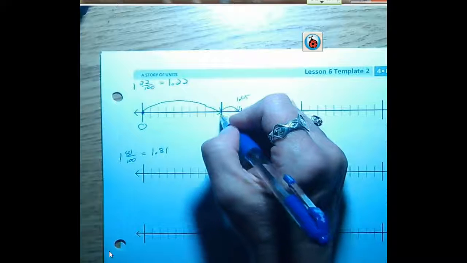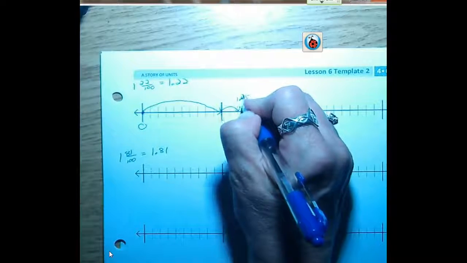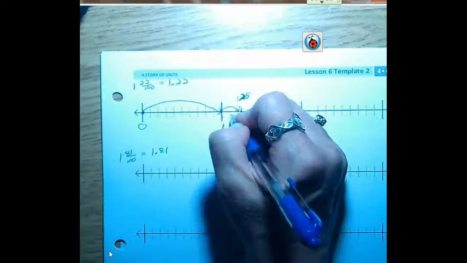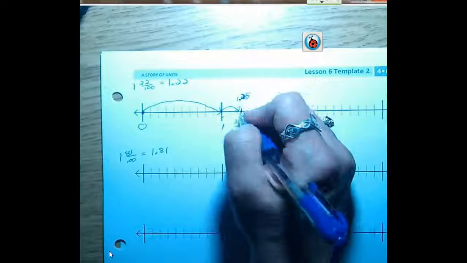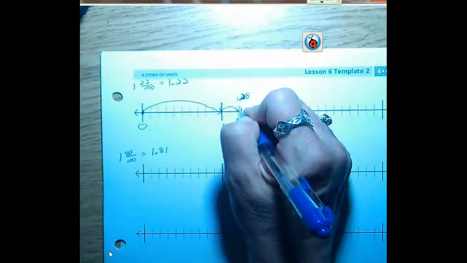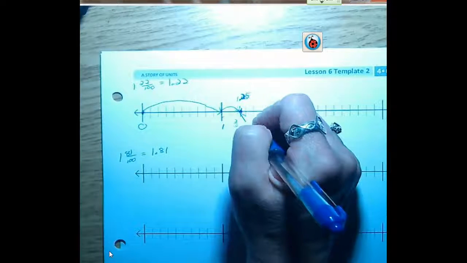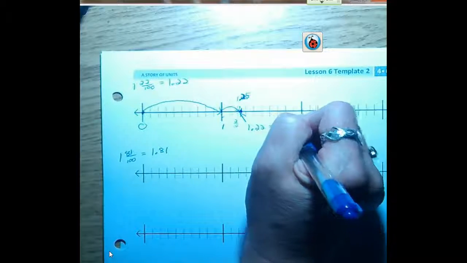Okay, because we have 1, actually it would be 1.25. My mistake. So this is 1.1, 1.2, 1.25. But we want 1.22, so we're going to just estimate the fact that it's going to be right here. That is going to be 1.22, or 1 22/100ths.